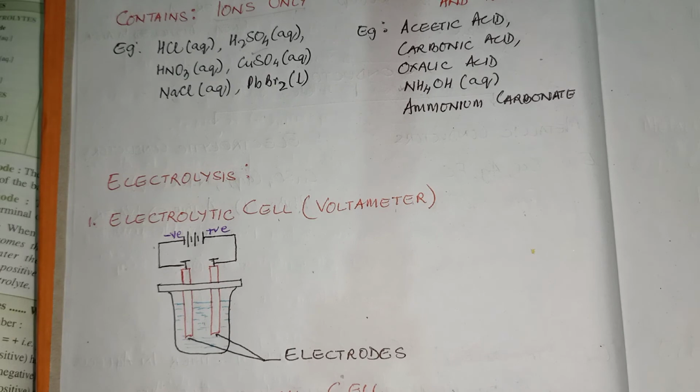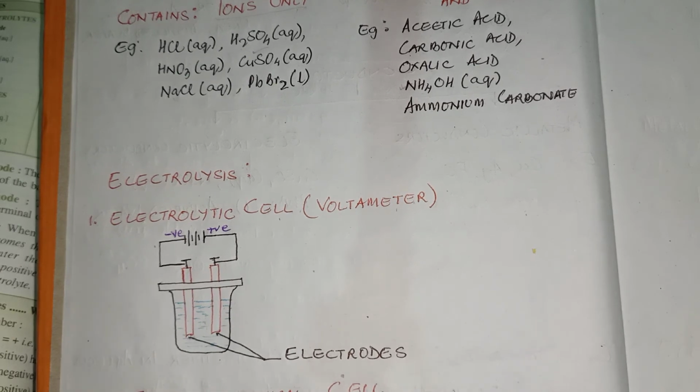So the electrolyte acts as one type of circuit, a closed circuit. This is called the electrolytic cell. In the electrolytic cell, electric current is brought from an external source to carry out the process of electrolysis.